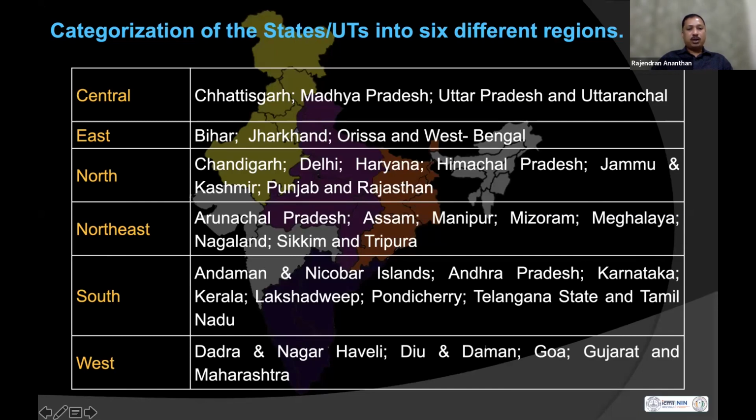In the south, we cover even Andaman Nicobar, Andhra Pradesh, which was United Andhra Pradesh at that time, Karnataka, Kerala, Lakshadweep, Pondicherry, Telangana and Tamil Nadu. And the west: Daman and Diu, Goa, Gujarat, and Maharashtra. So these are the different states covered under different regional parts.